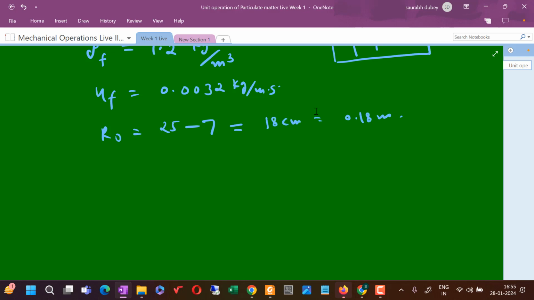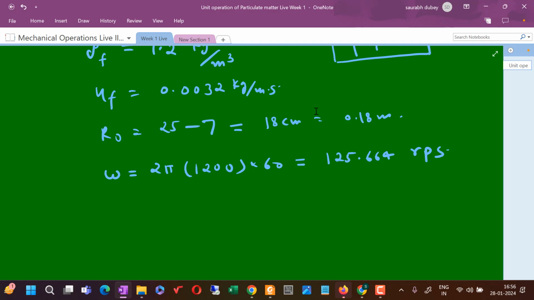And omega equals 2 pi times 1200 divided by 60, as the RPS, revolution per second, is calculated. Here 80% of the particles can be separated in this centrifugation, it is given.